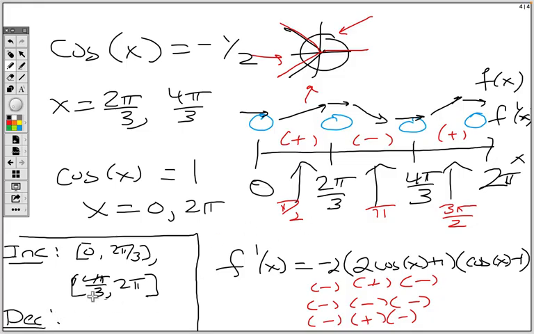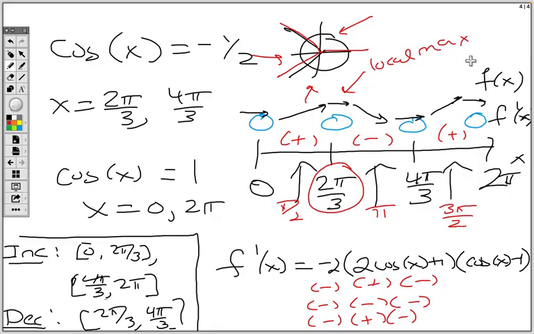And then it's decreasing from 2 pi over 3 to 4 pi over 3. And we can see here that since we go from increasing to decreasing at 2 pi over 3, that's going to be a local max. And since we go from decreasing to increasing at 4 pi over 3, we're going to have a local min.